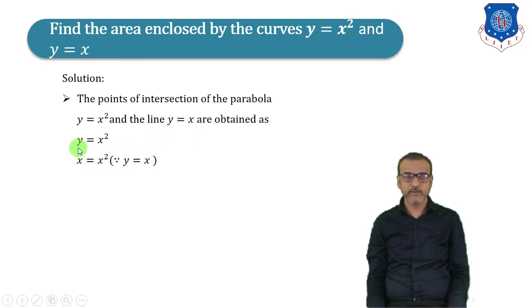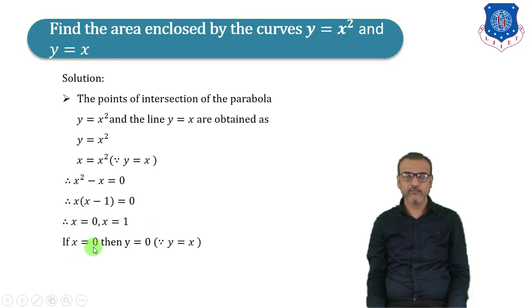So just replacing y by x, we have x equals x square because y equals x. Therefore x square minus x equals 0. Now taking x common, inside the bracket we have x minus 1, and that is equal to 0. Now equating x to 0 and x minus 1 to 0, we have x equals 0 and x equals 1. So these are the values of x.